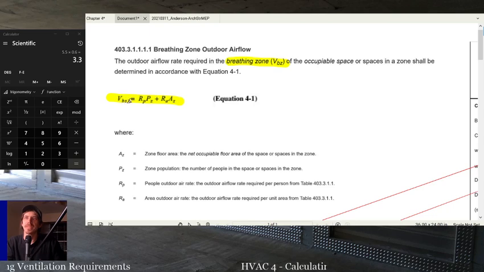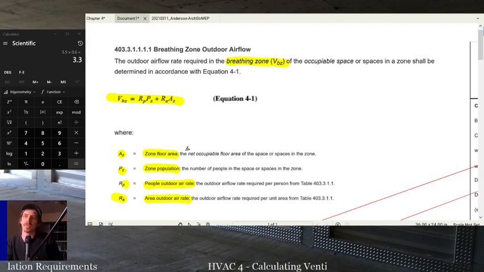So VBZ, ventilation to the breathing zone, equals the rate for people, RP, the people outdoor air rate, times PZ, the number of people in the zone population, plus RA, the rate for the area outdoor rate, times AZ, the zone floor area in the zone. All right. So you need those 4 pieces of information to do the equation.